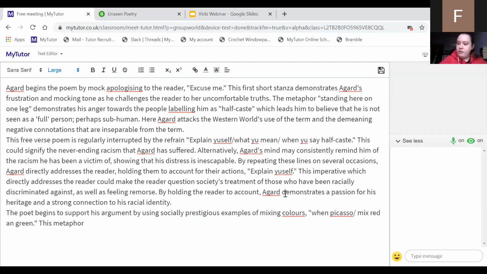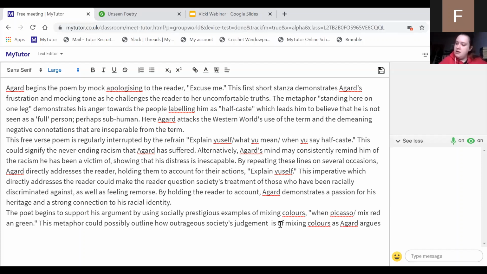This metaphor outlines, so I'm looking at a language device now, how outrageous society's judgments, I'm going to make that tentative, this metaphor could possibly outline, I think, how outrageous society's judgment is of mixing colours, as Agard argues.